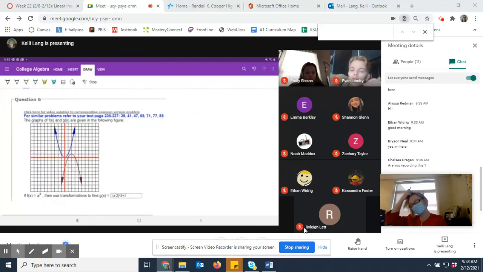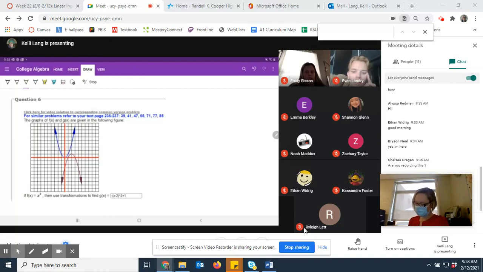In 6, on the common version, we finally start getting into pictures, images of what these transformations look like. So I think the notation they use on the homework is that the blues are the parent functions and the purples are after the transformations.